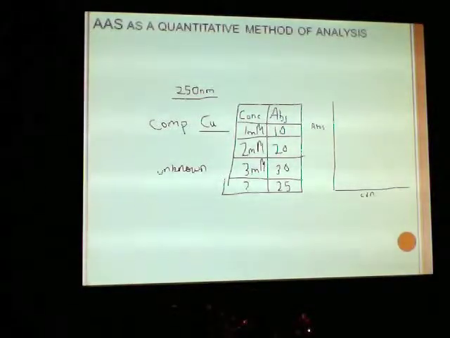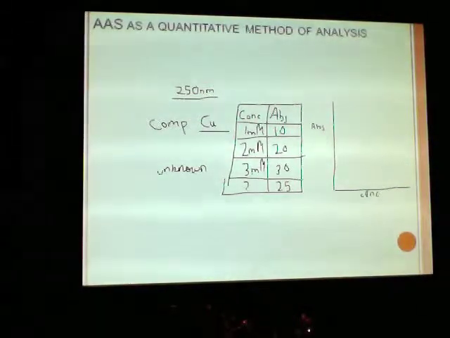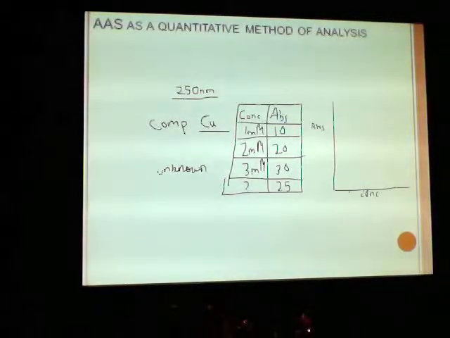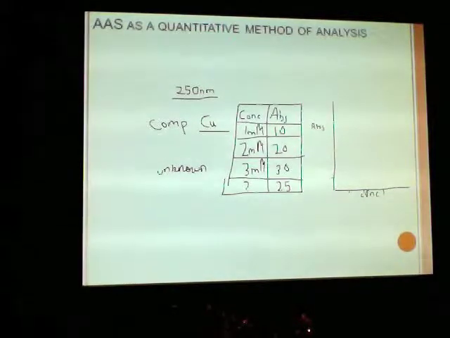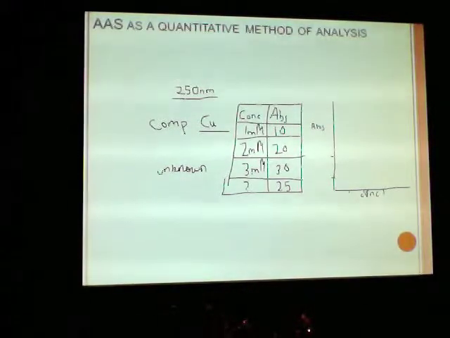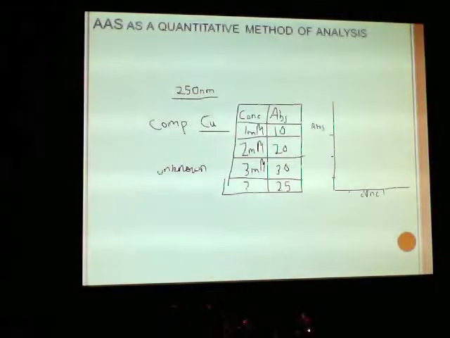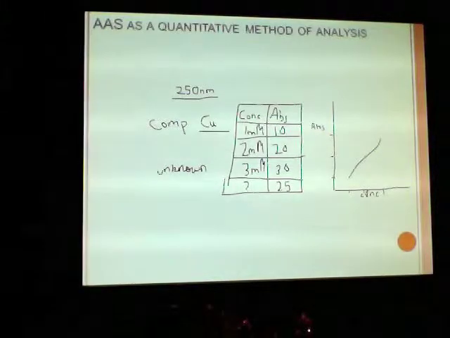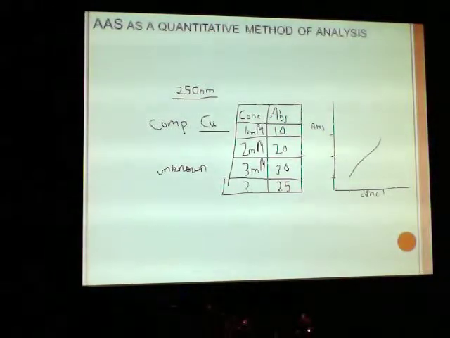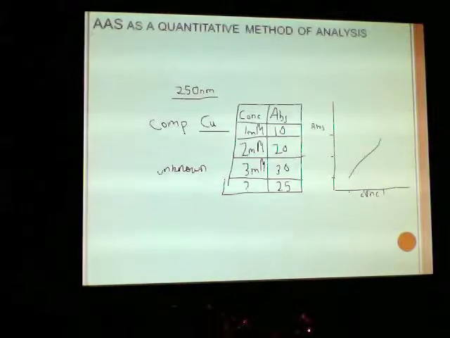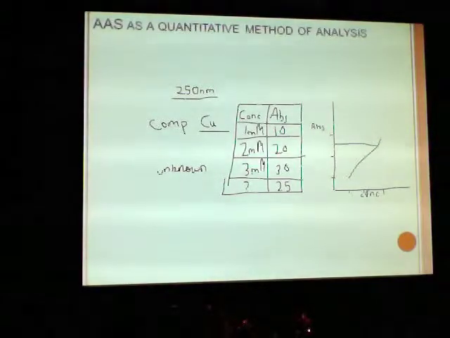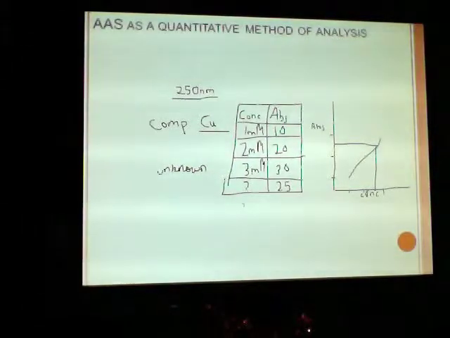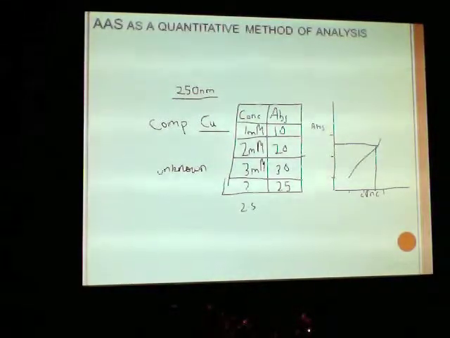We might have 1, 2 and 3 for concentration, and 10, 20, 30 for absorbance. Draw a line of best fit, with no extrapolating, and we should get a concentration at 25, which gives us a concentration of about 2.5 millimolar.